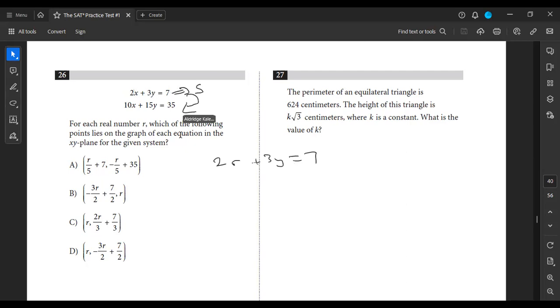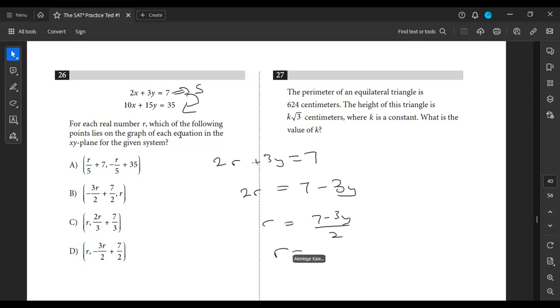Let's make r the subject of the formula. We have 7 minus 3y, so it's going to be 7 minus 3y over 2. Do we have any answer choice like that? We actually don't.